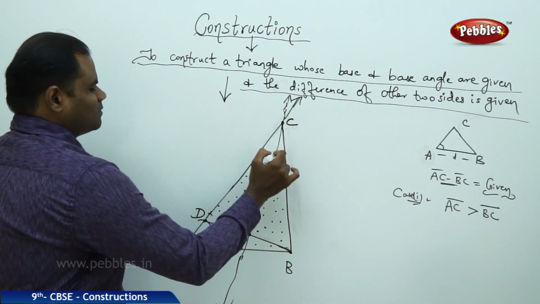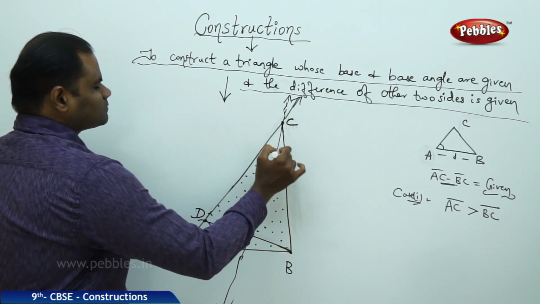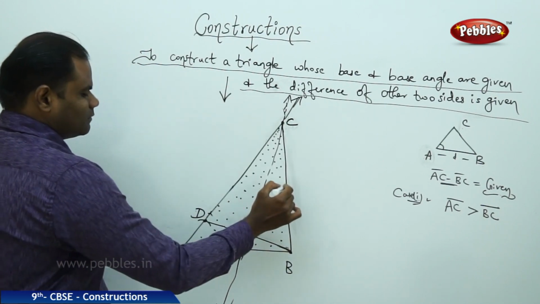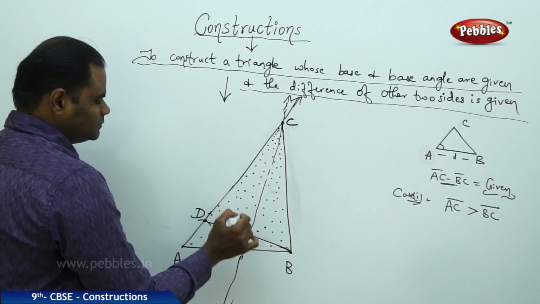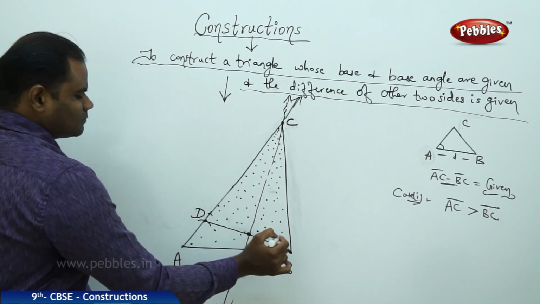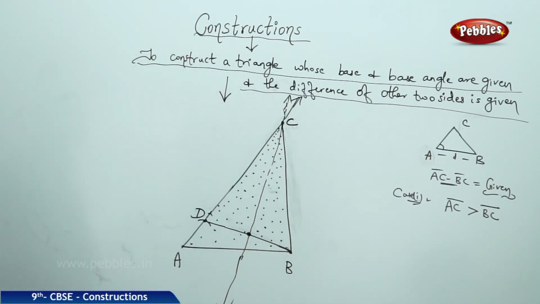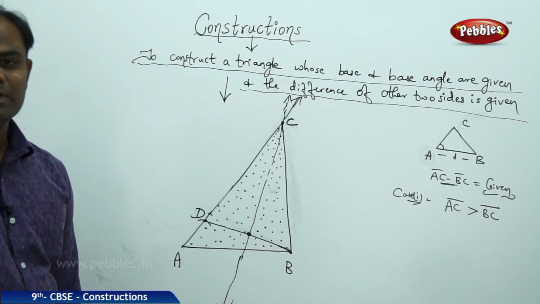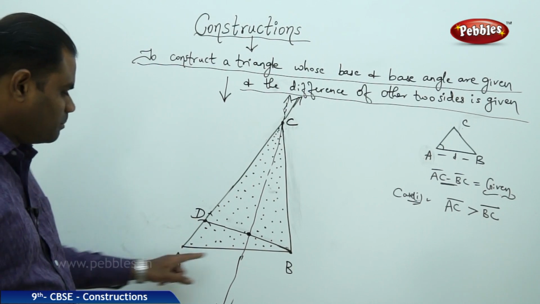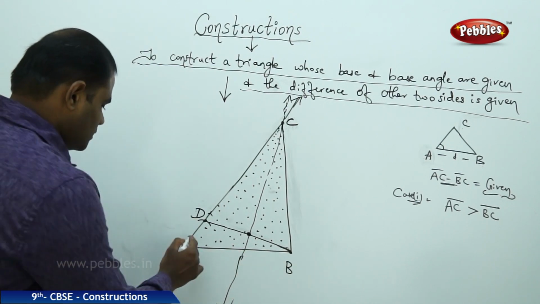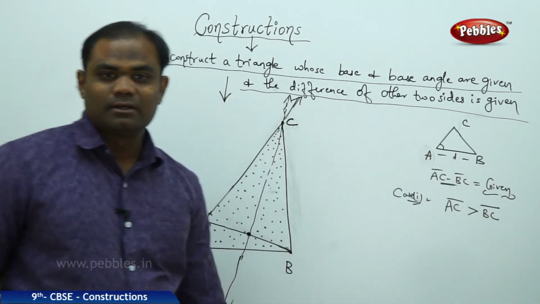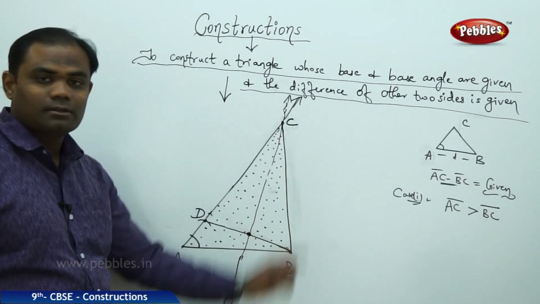This is how we get the straight line. The dotted line represents the triangle ABC, which is obtained where the base angle and the difference of two sides is given. We can construct a triangle ABC.